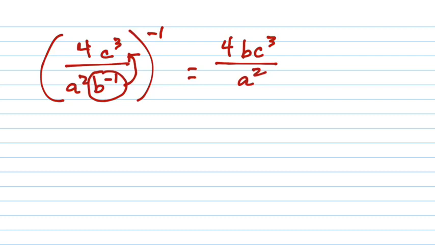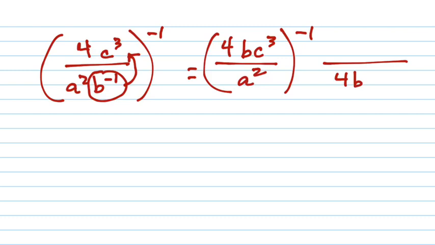Why did I put the b in front of the c? Because it's alphabetical order, right? Anytime you have more than one letter in a term, they should be in alphabetical order. It's not technically wrong, but it's bad. Okay, cool. Okay? And then all of that is raised to the negative 1, which is going to do what? It's going to flip everything back.